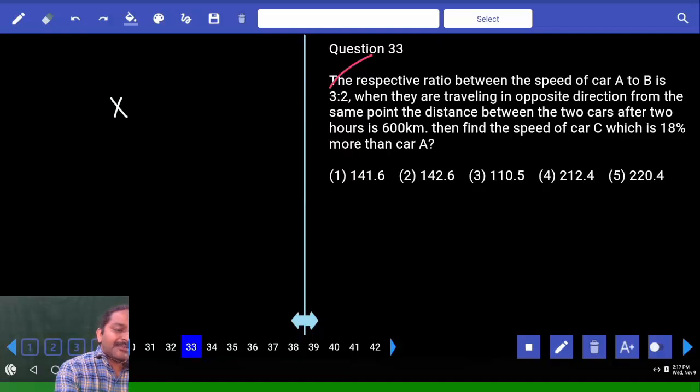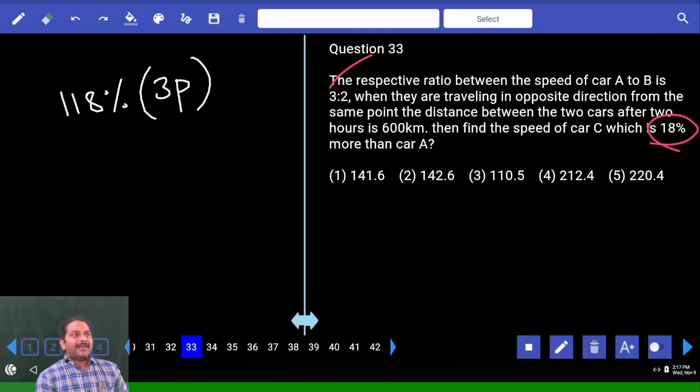To that we need to add 18%. That means 118% of 3 parts. This is what we have to calculate. Am I right? 3 parts should be a multiple of 3. Go to the options. If there is only one multiple of 3, you are done. If multiple options are there, we have to calculate.